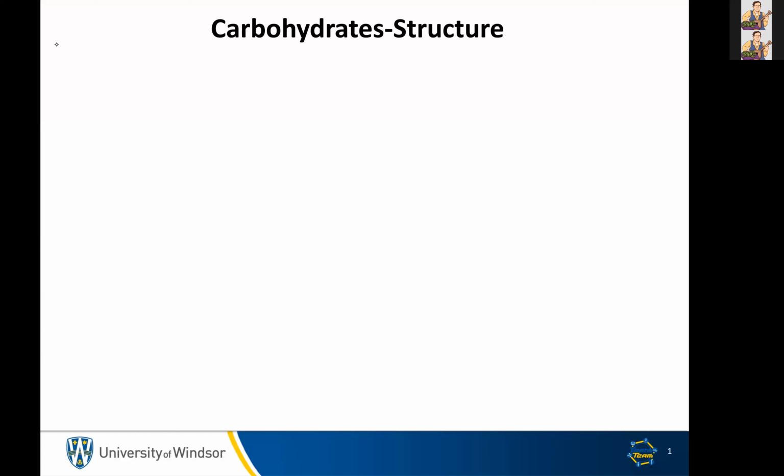So I'm going to start today with discussing a bit about carbohydrate structure, some key terminology we're going to be using, and then looking at the basic idea of why carbohydrates are so interesting, especially when they're in solution, and what's going on there and how we can make use of their unique chemistry to do things with them.